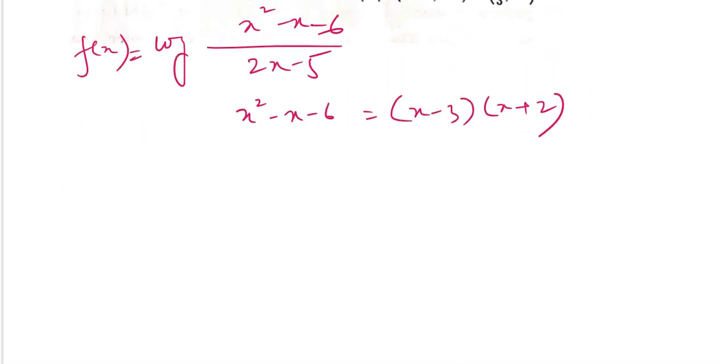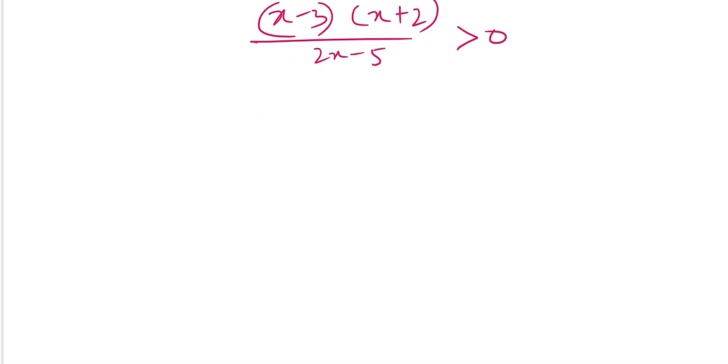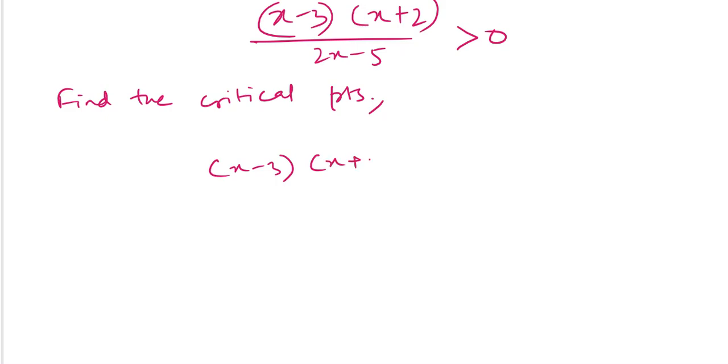So (x minus 3)(x plus 2) divided by (2x minus 5) is greater than 0. So find the critical points. Let's find out: x minus 3 into x plus 2 equals 0.